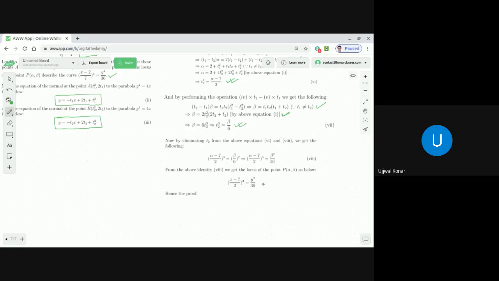From here, the moment we need to find the locus, we replace alpha by x and beta by y, and we get this one.